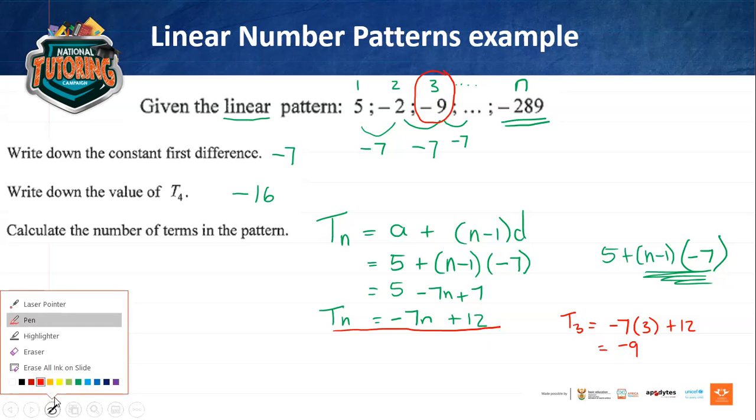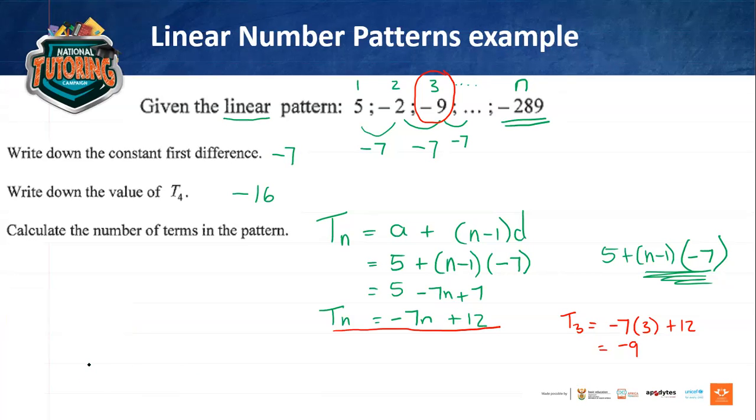Now I can go on and solve the question that they're asking. Calculate the number of terms in the pattern. They are asking me which term is equal to -289. They are asking me to calculate n when I know Tn is -289.